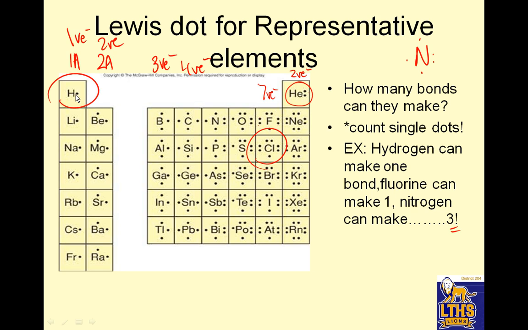All right, hydrogen, 1 single dot. How many bonds would hydrogen make? 1 bond. Okay, so single dots equal bonding sites. So you can predict how many bonds an atom's going to make by looking at its dot structure. Now it's just a prediction, it usually works, but that's what we can do.